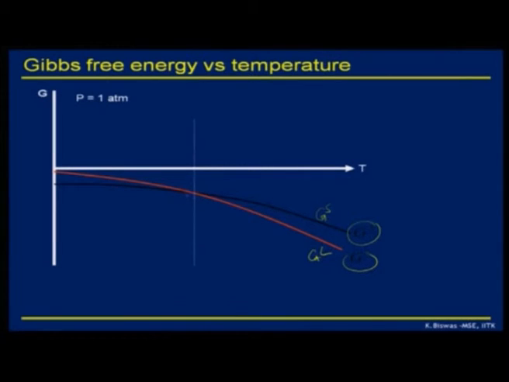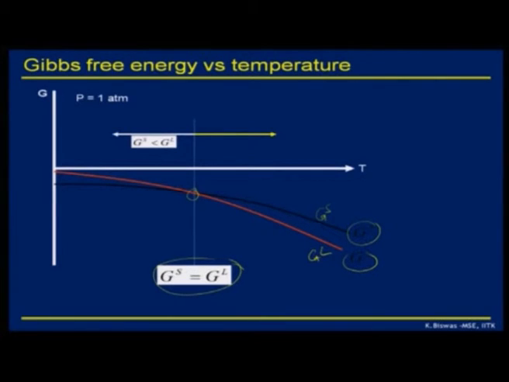Here the dash corresponds to no difference between the free energies. The free energy of both the solid and liquid are equal. What is that called? That is the melting temperature of ice, or the freezing temperature of water, which is nothing but 0 degrees Celsius.